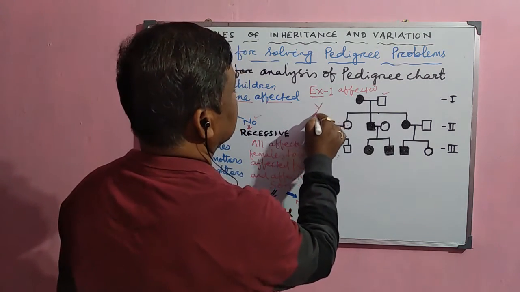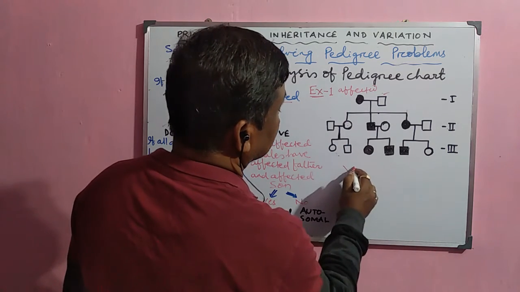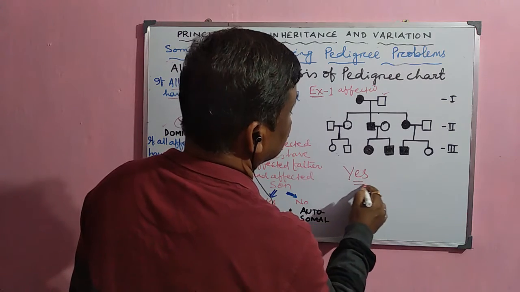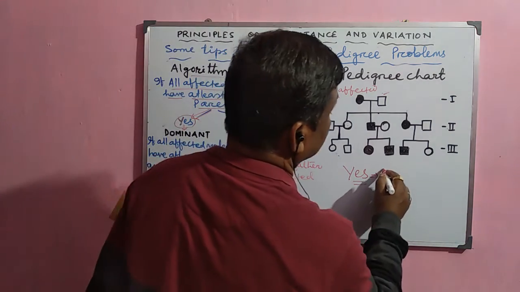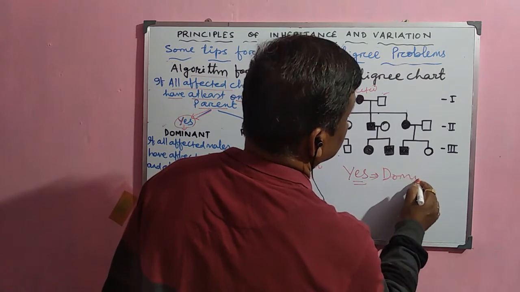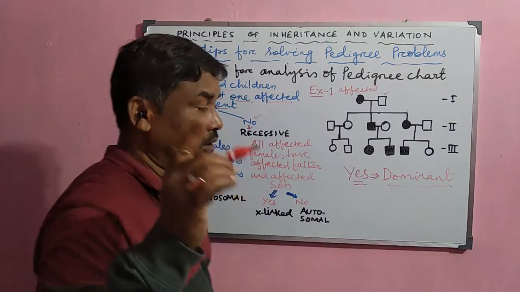When it is yes, we go for the next one. That means this is the case of a dominant disorder, a dominant gene disorder.